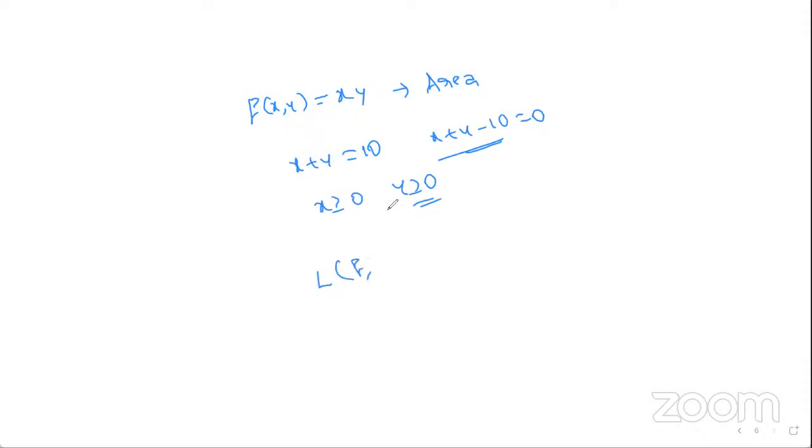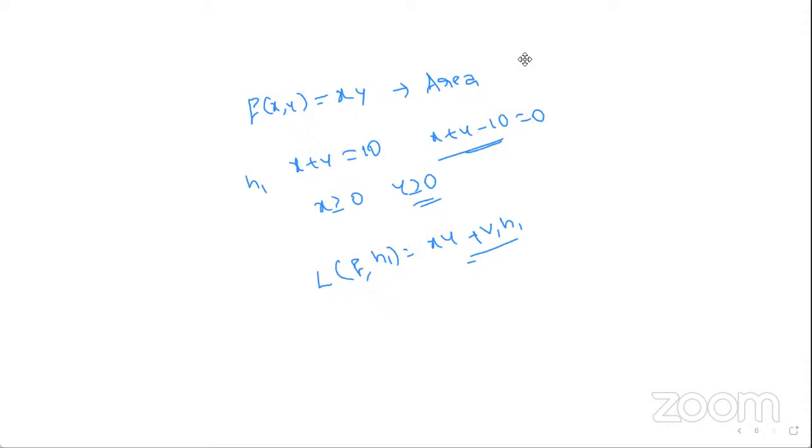If you consider this as h1, it's going to be equal to f of xy plus v1 h1. v1 is the constant, the Lagrangian multiplier, which we need to find, and h1 is x plus y minus 10.